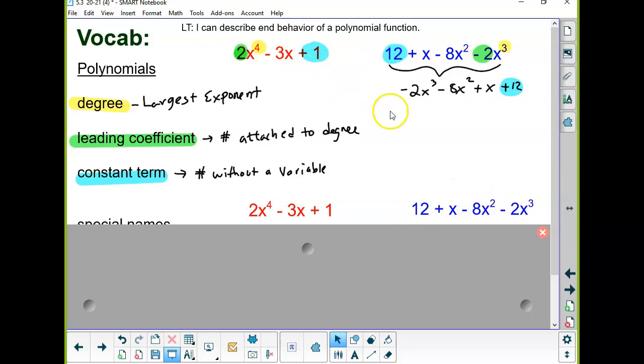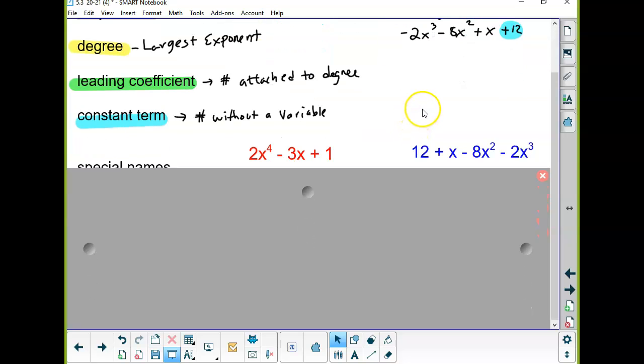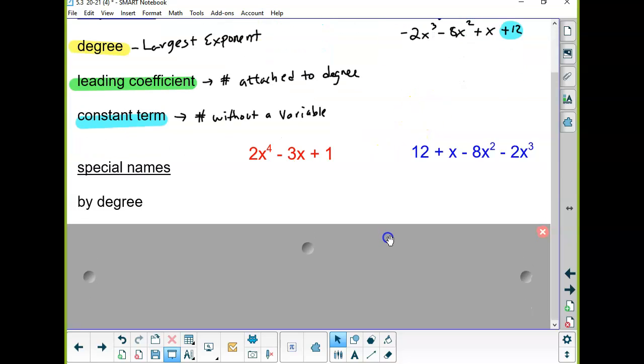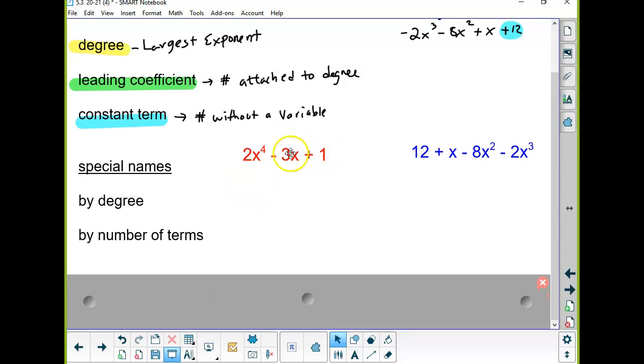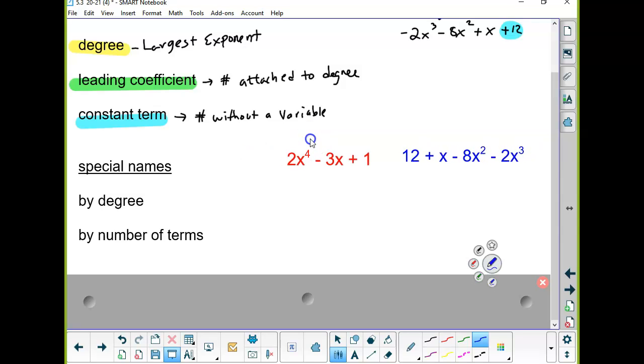I'm going to still make reference to those, but I just need to scoot them down here so we can see the rest of them. So how do we name polynomials? They have some special names. Sometimes we name them by degrees, or sometimes we name them by the number of terms that they have.